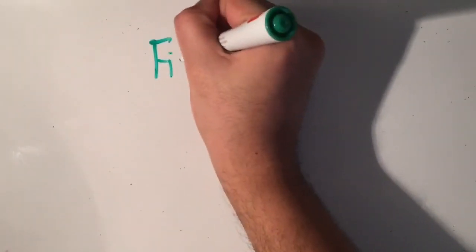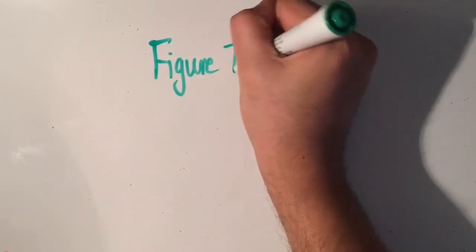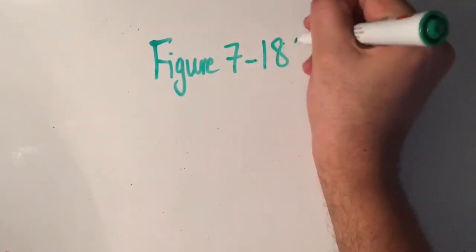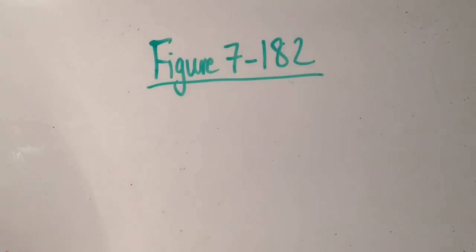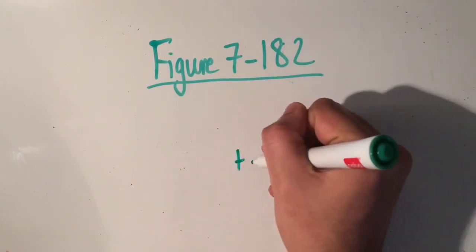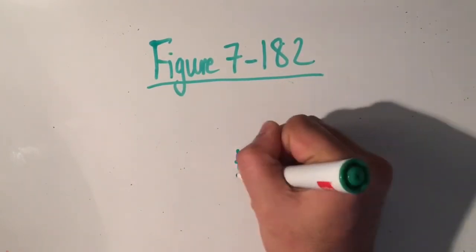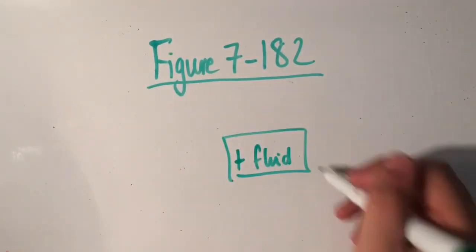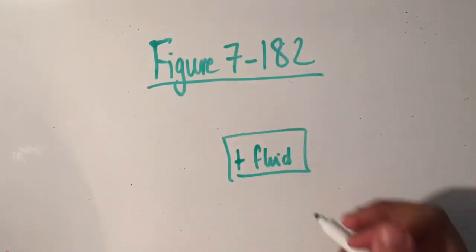So if you have a look at figure 7 on page 182, it gives a nice summary of how tissue fluid forms and returns in the bloodstream. So what you have is the tissue fluid, which is formed in the cells.